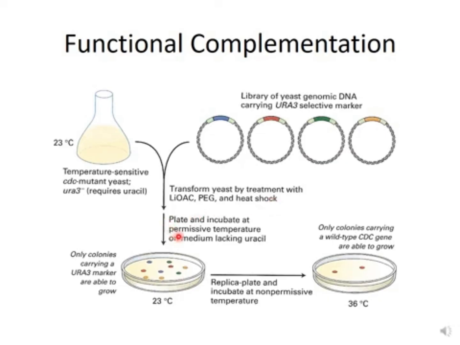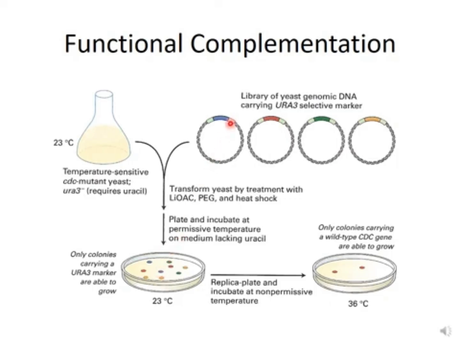Then we plate and incubate the yeast cells at the permissive temperature on a medium that does not have uracil. So cells that have the uracil gene are going to survive, and cells that do not have the uracil gene are going to die, because uracil is an important component of their nutrition. If they are not able to synthesize it using the gene, that would cause the cells to die.